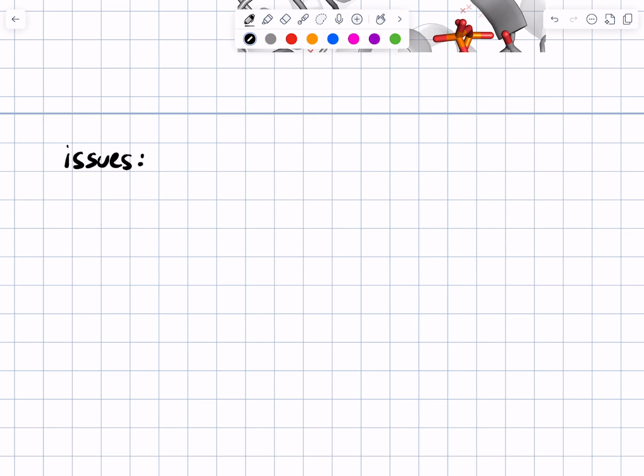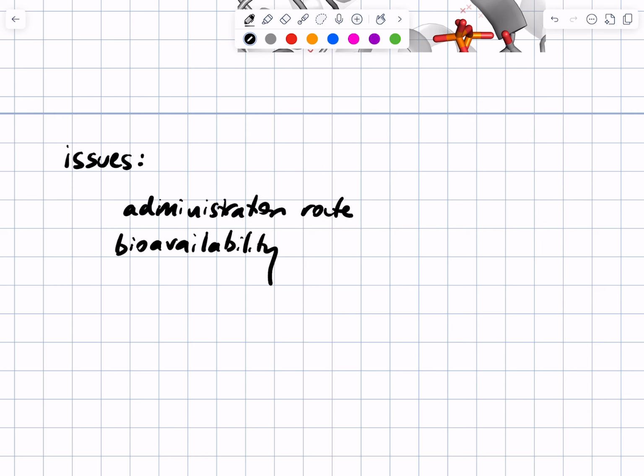These are great questions. The issues that you've brought up are basically bioavailability. Actually, even before bioavailability, we could do administration route. That is, how are you going to get it into the people?